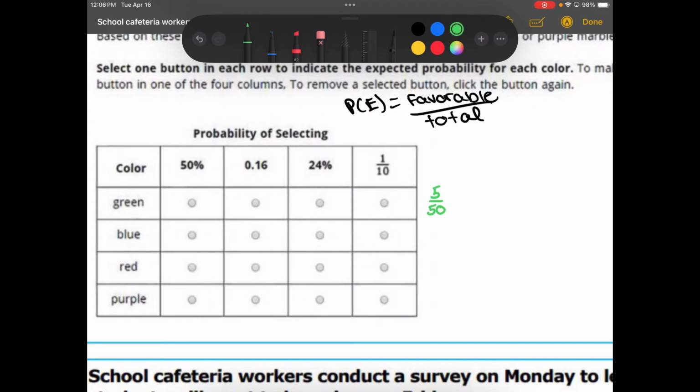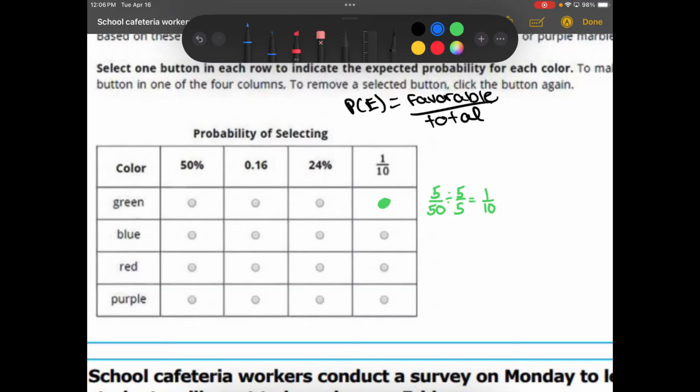Now, you need to simplify this fraction. 5 over 50. I can divide top and bottom by 5. When you simplify this fraction, what do you get? 1 over 10. Good. Is 1 over 10 represented in the top column? Yes. So we're just going to bubble that in.